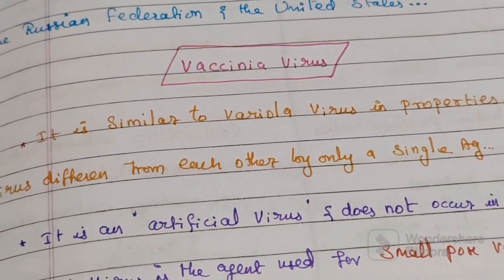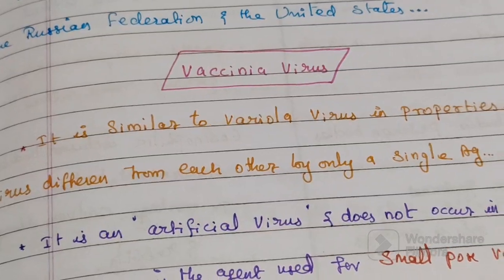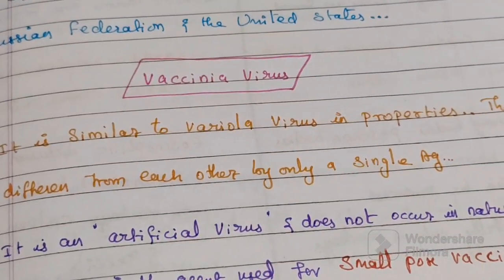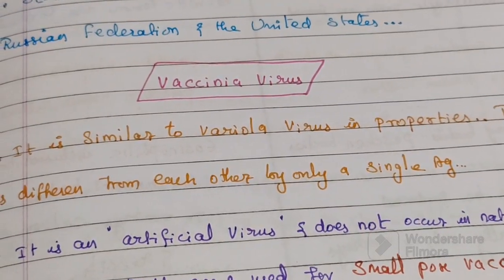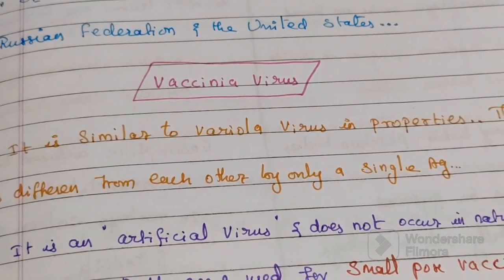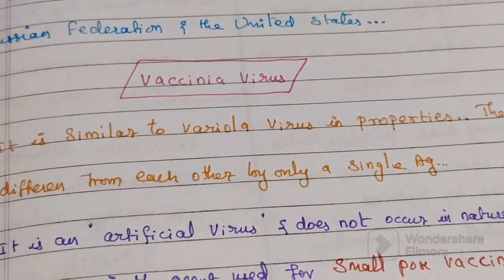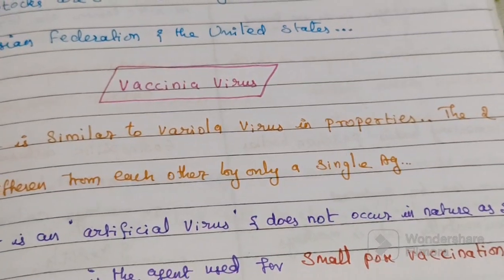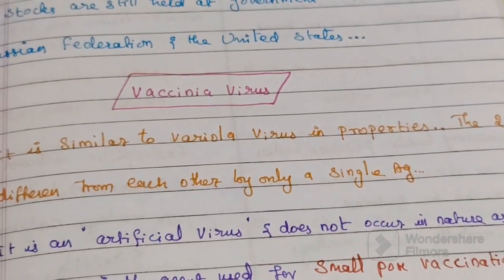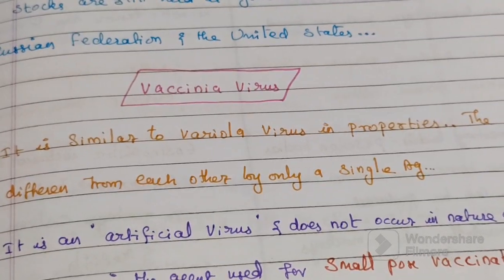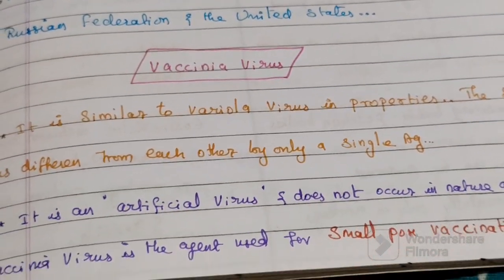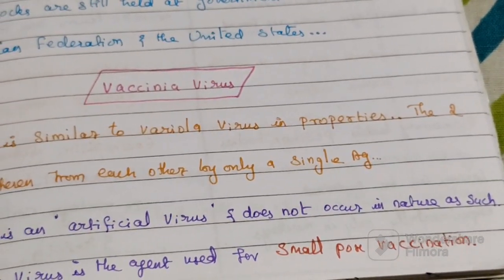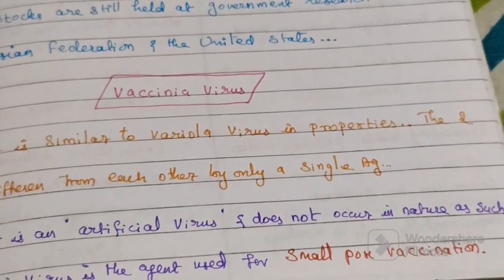Next, Vaccinia virus. It is not a natural virus. It is artificial. Humans have produced this virus from Variola by changing one antigen. So if we change one antigen, the Variola is converted into Vaccinia, and this is non-pathogenic. It is used for vaccine.